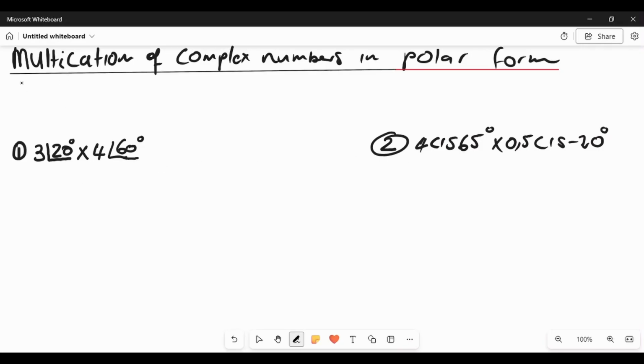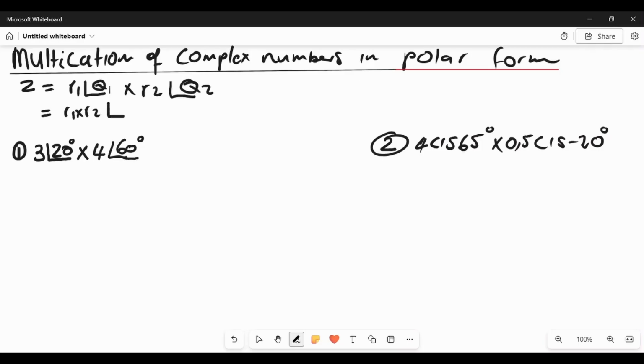Now, let's say you have this complex number here. Let's say it has R1 with argument 1 multiplied by R2 with argument 2. When you multiply complex numbers in polar form, R1 is going to multiply with R2.